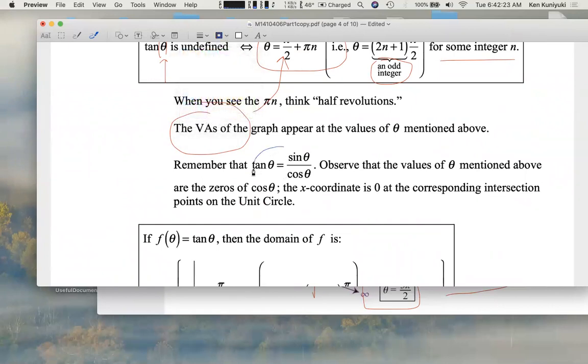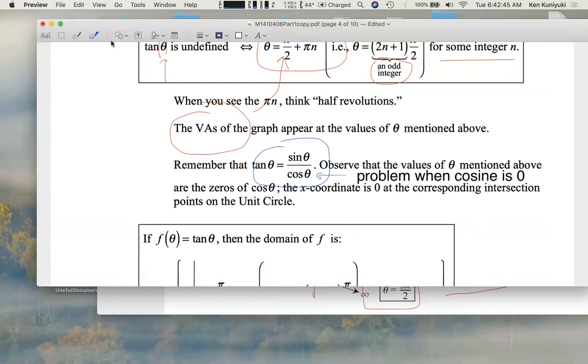Remember that tangent of theta, by the quotient identities, is sine of theta over cosine of theta. Where do we have a problem? We have a problem when cosine of theta is what value? We have a problem when cosine is 0 in value, when the bottom is 0.